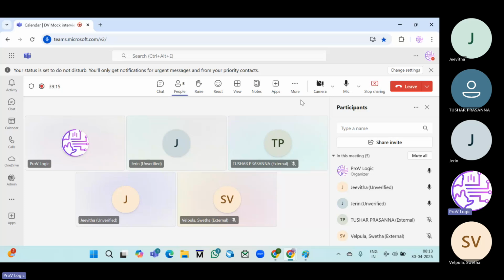Synthesizable means which we use in the design, right, and non-synthesizable means which we use in the test bench. What are you doing without revising the concepts? These are very basics, right? Tell me what are synthesizable and non-synthesizable.